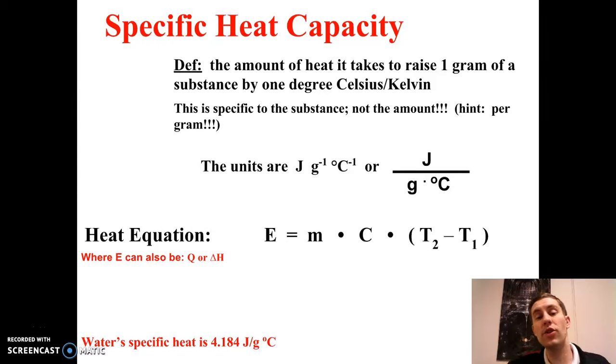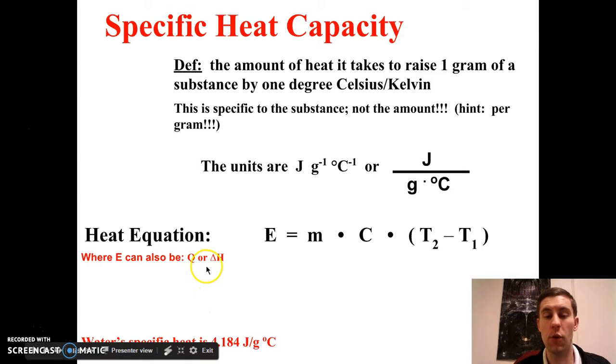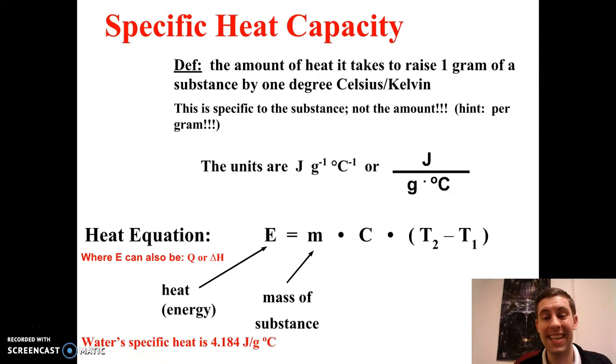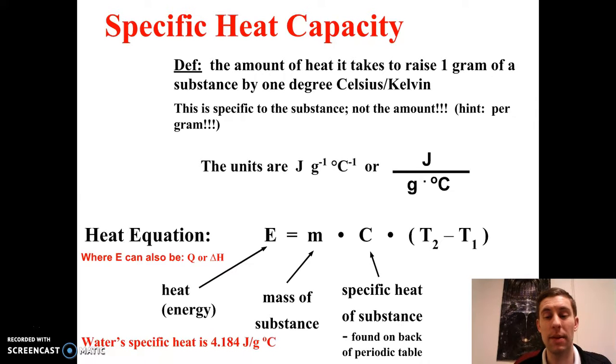So the actual heat equation you'll use is energy, which is E or Q or sometimes delta H. So look down here, the red. There's 3 ways of writing energy or heat. And it equals mass of the substance times C, which stands for specific heat. Sometimes it's put as CP, specific heat capacity.